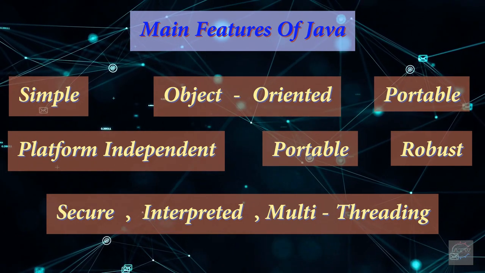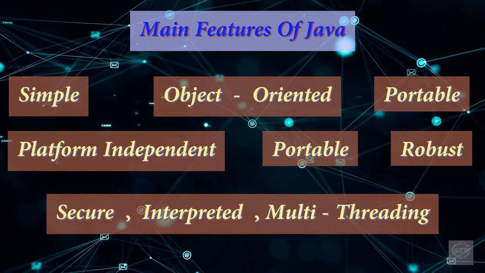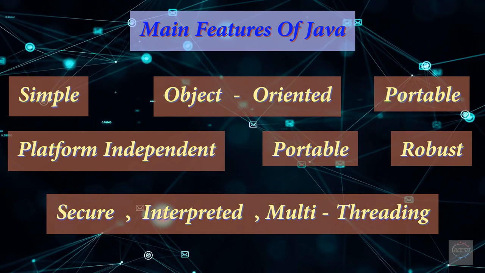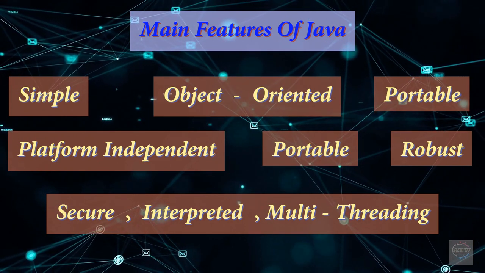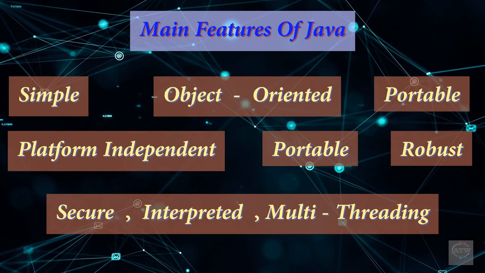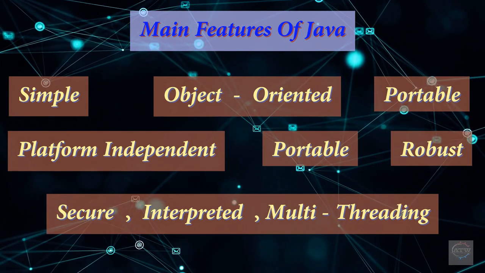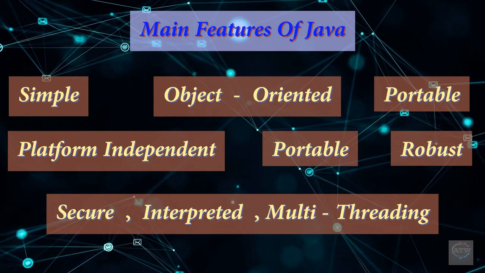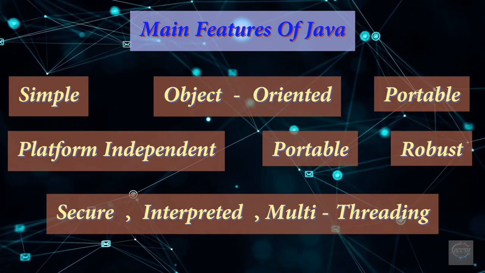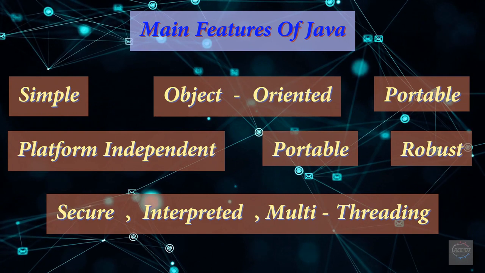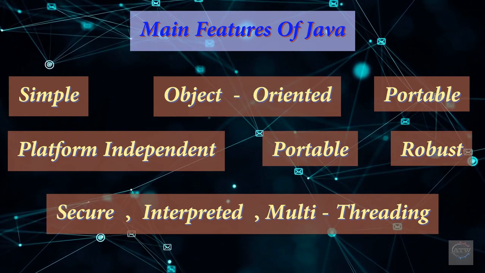But Java has perfect exception handling, and as we already discussed, it's good in memory management because the JVM has a garbage collector. And Java is a very secure language. One of the main features of Java is that it is very secure because Java has its own encryption and decryption feature.